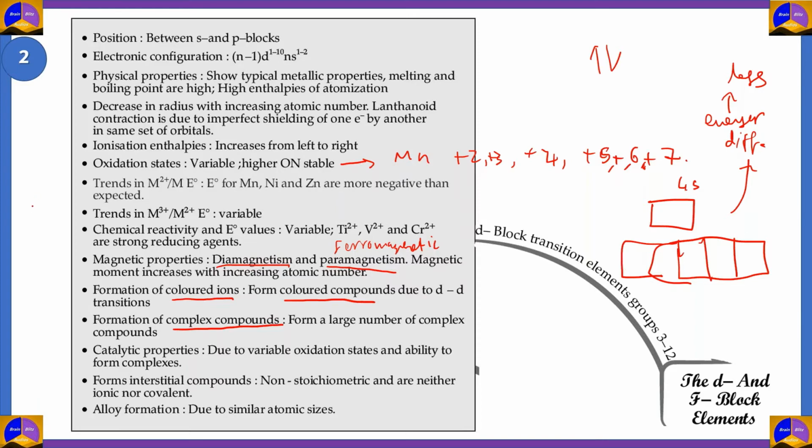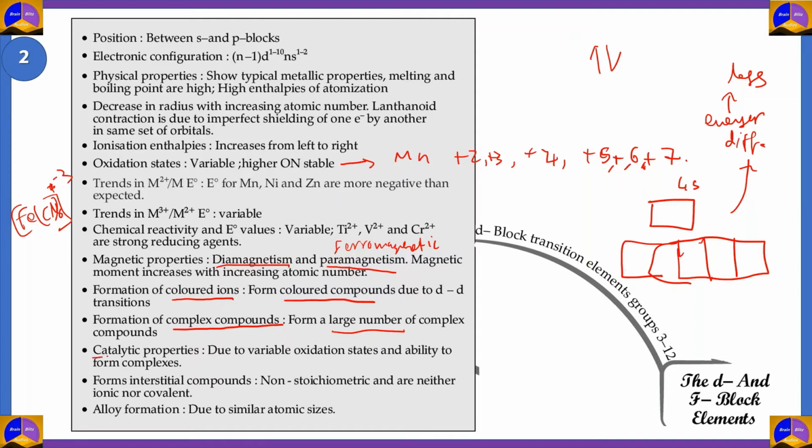For example, we have [Fe(CN)6]3-. This is a coordination compound, a complex compound. So the d block elements form a large number of these complex compounds because, again, of their variable oxidation state. More of this phenomenon will be studied in the next chapter.